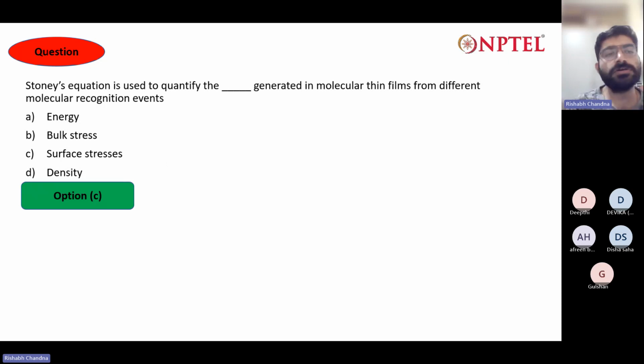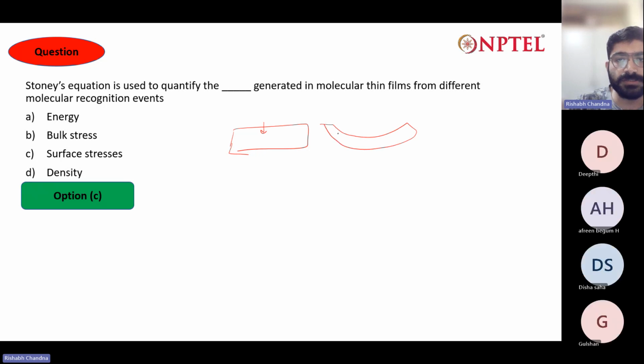So the basic principle of Stoney's equation is that it applies to thin film materials. For example, this is the thin film material, and whenever forces are put on this particular film, it will bend. It will have this kind of conformation. So the radius with which it will bend, this particular force or stress, will be identified using Stoney's equation.